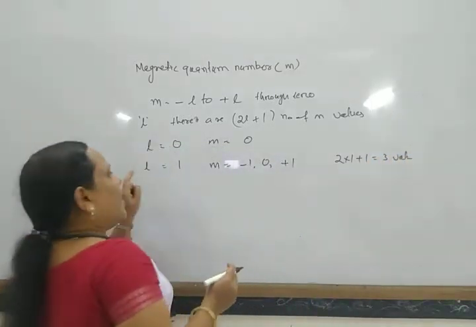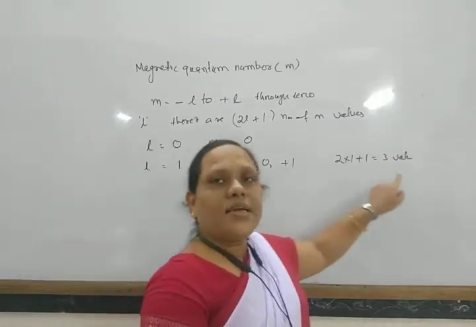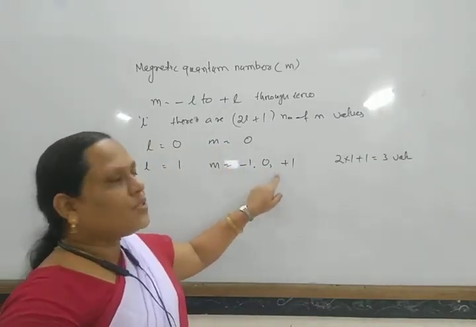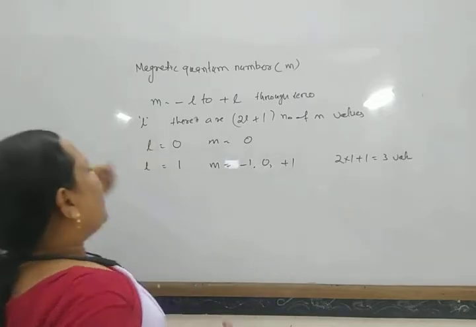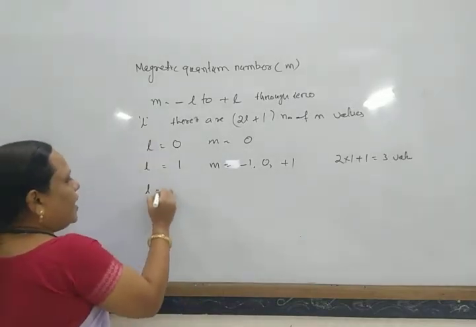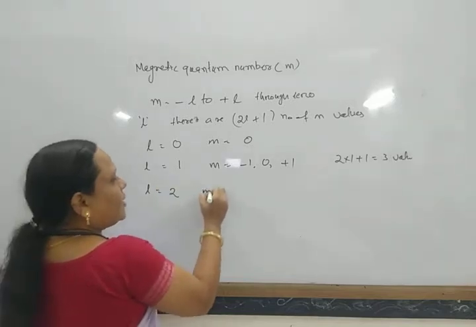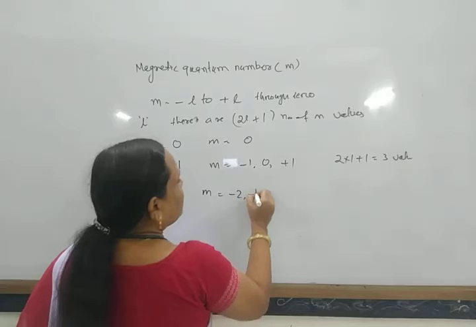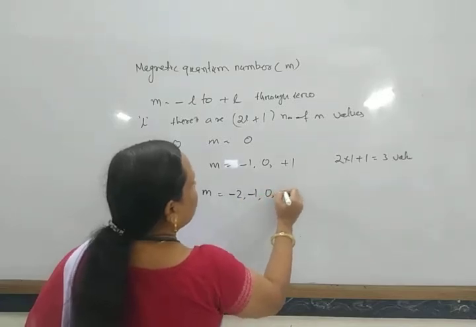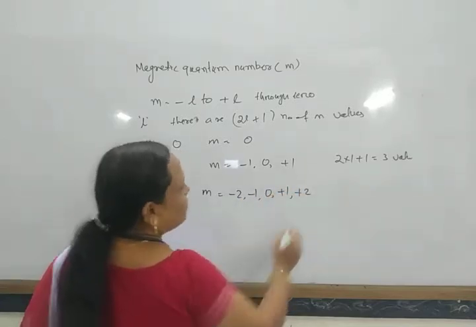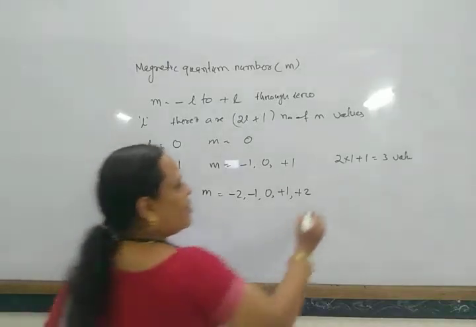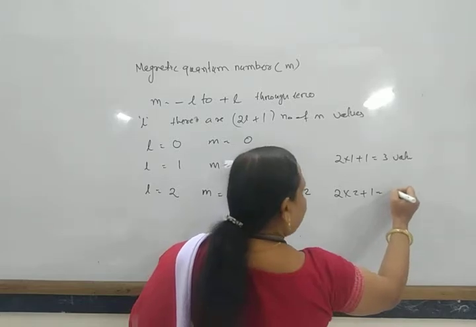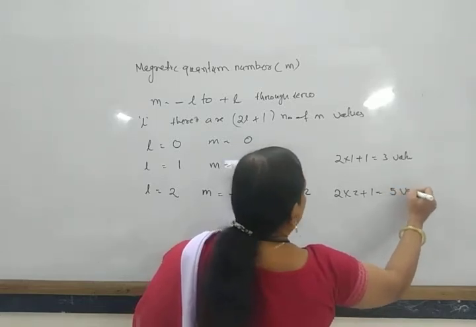So for l equal to 1, there are 3 values of m, and these are minus 1, 0 and plus 1. Again, when l equals 2, the values of m are minus 2, minus 1, 0, plus 1, plus 2. And how many values? 2 into 2 plus 1, that is 5 values.